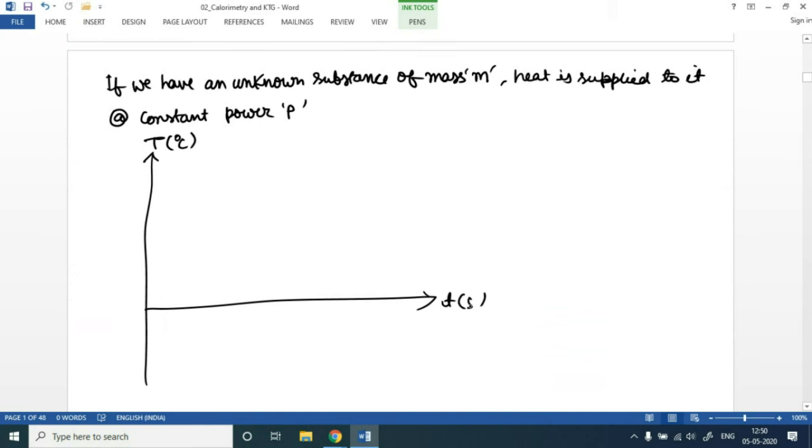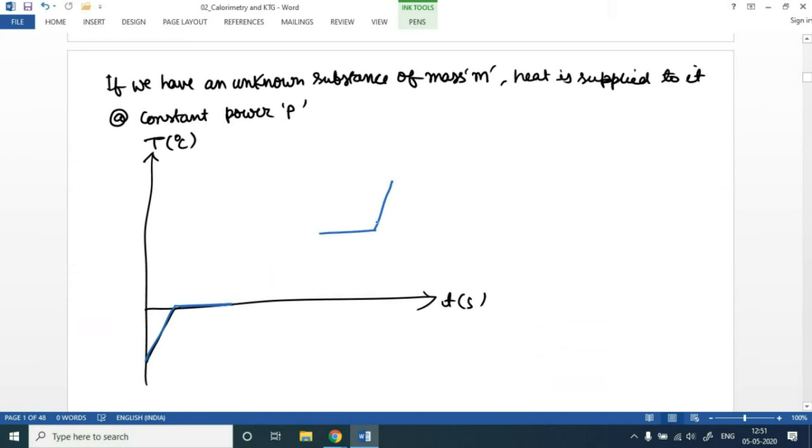And this graph will more or less look similar to the previous graph we drew. So it would be something like this. Let me use some other color pen here. It will look something like this.